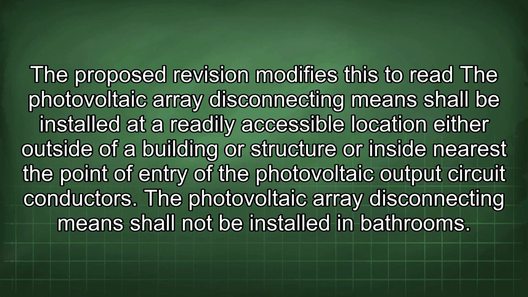The proposed revision modifies this to read the photovoltaic array disconnecting means shall be installed at a readily accessible location either outside of a building or structure or inside nearest the point of entry of the photovoltaic output circuit conductors. The photovoltaic array disconnecting means shall not be installed in bathrooms.